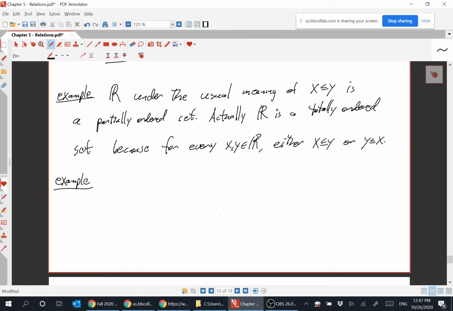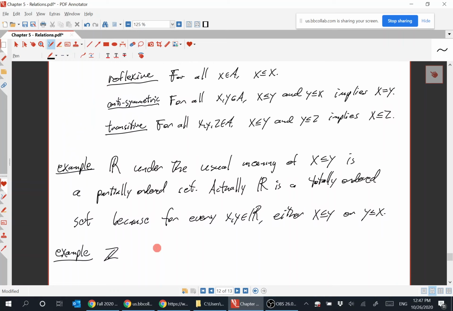Well, let's do one with numbers. Any other orderings? Example, under the something relation.